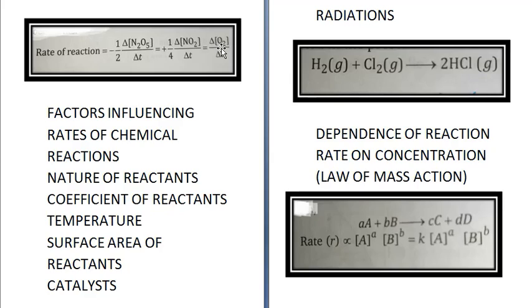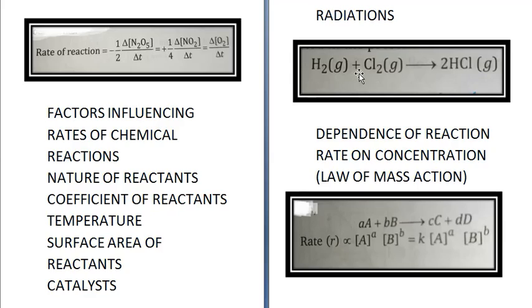Many reactions are accelerated in the presence of a small amount of substances which are called catalysts, and their action is specific for a particular reaction. Next factor is radiation. Photochemical reactions are affected in the presence of ultraviolet light. For example, H2 plus Cl2 gives you 2HCl.